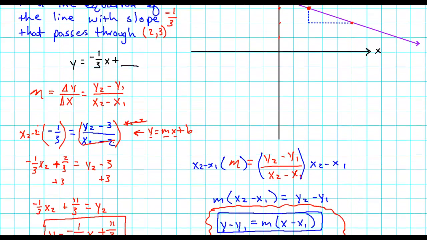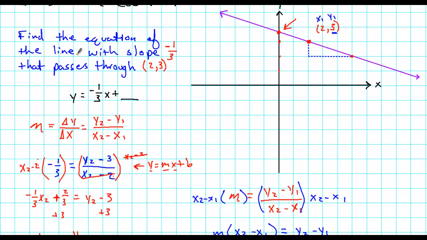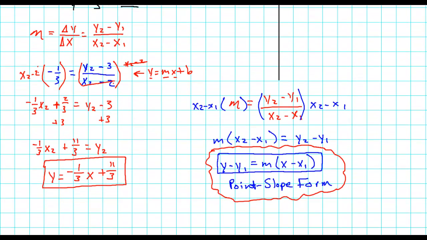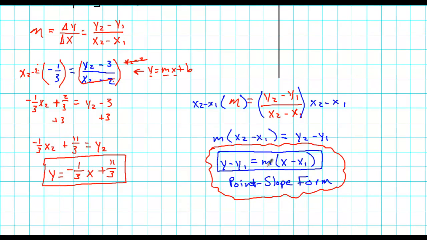And the next time you have a problem like this that says find the equation of a line with a slope that passes through a point, you just come down here and you plug in the slope. You plug in the x1 and the y1 for the point, and you'll immediately have this part.